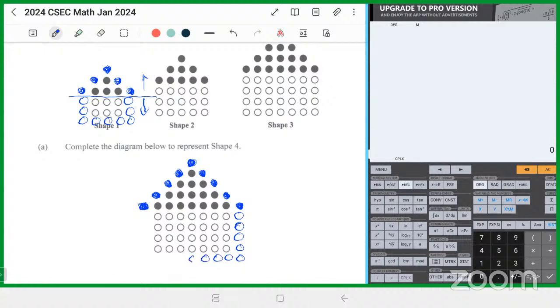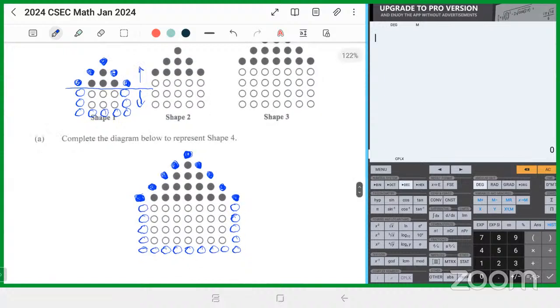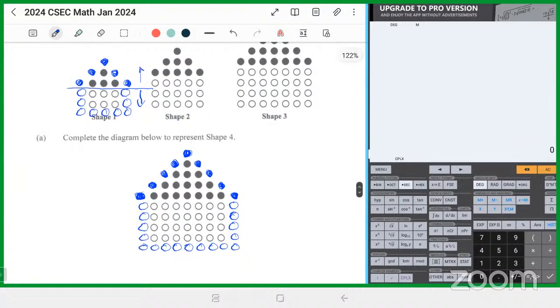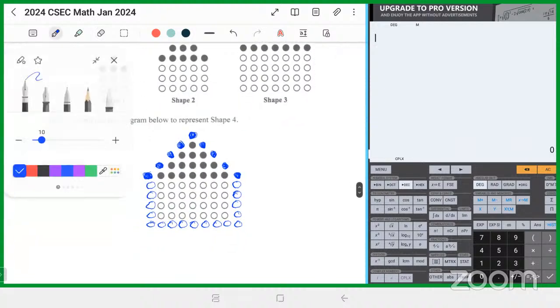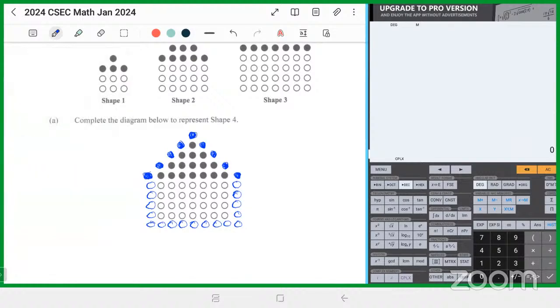All right, all the way around, and we need a 1 to the side, and then we complete here, and that's it. We have completed our 4th shape, and I believe that would be correct. All right, we can double check afterwards with the numbers. So at a convenient point, we'll check if this is correct.